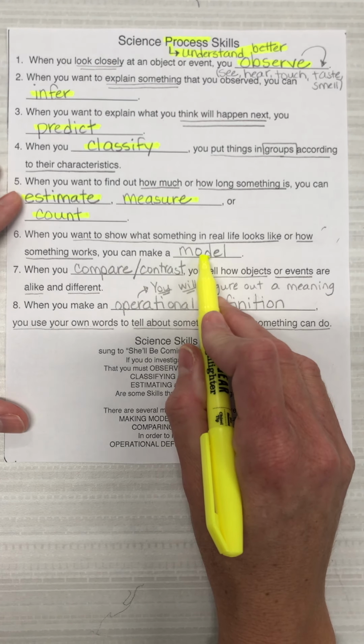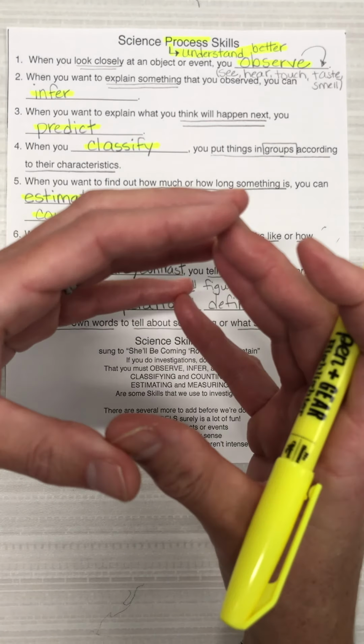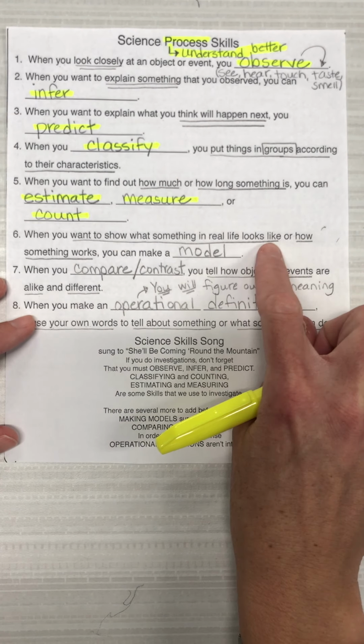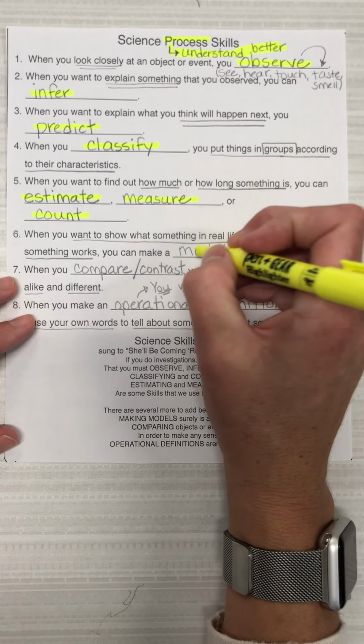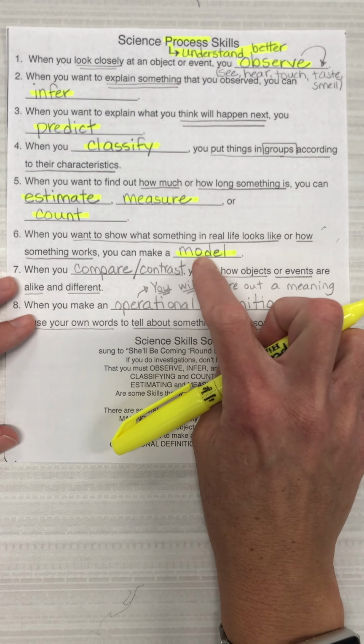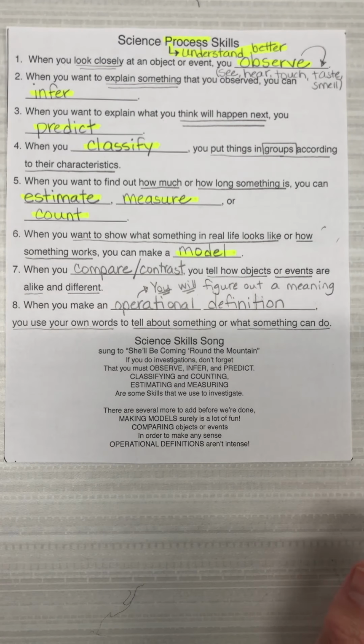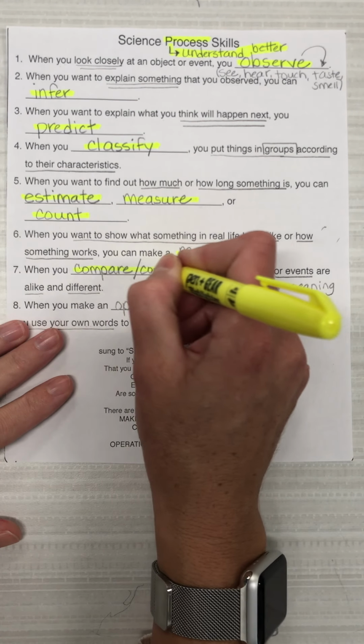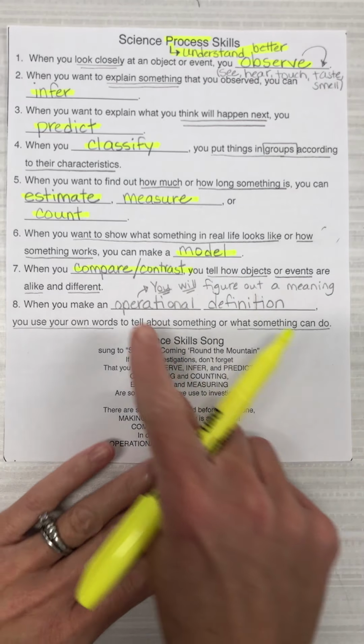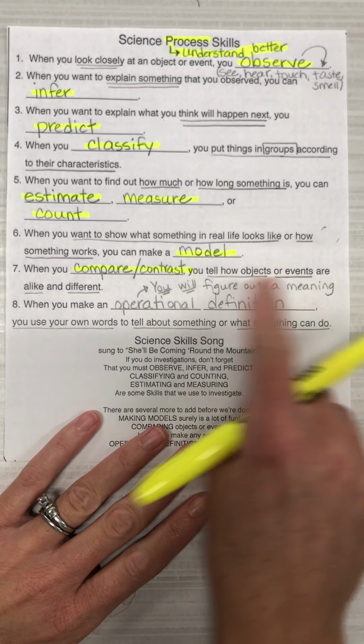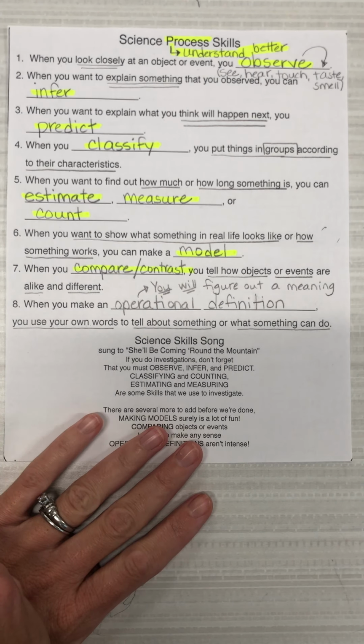Scientists may want to make a smaller version of something to show how it looks in real life or how it works, but maybe it's too big to put in your hand. I gave you the example of a globe. That would be a model. Scientists also compare and contrast. That means they tell how objects or events are alike and different.